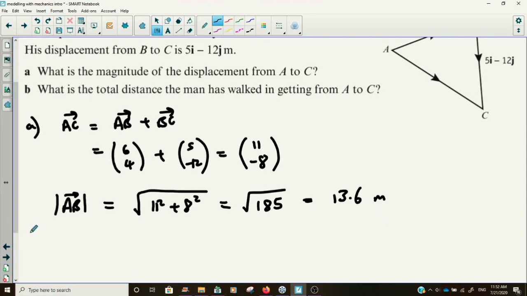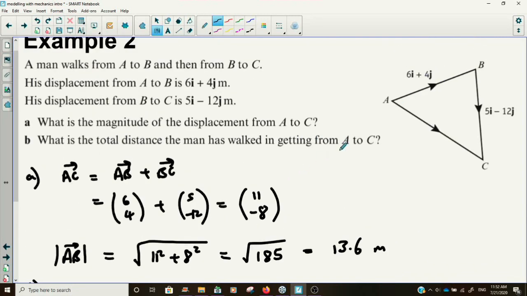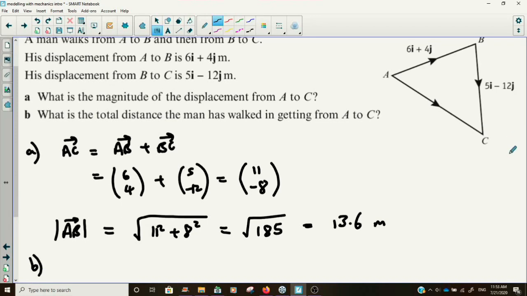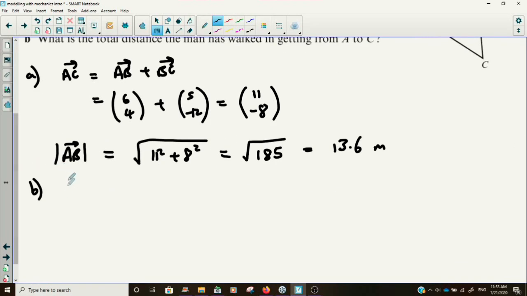We want to know the total distance the man has walked. Now, in order to work that out, we need to work out the distance he walks from A to B, and then the distance he walks from B to C, and add them together. So we need the magnitudes of the vectors AB and BC. Okay, so the magnitude, sorry, that was AC there.